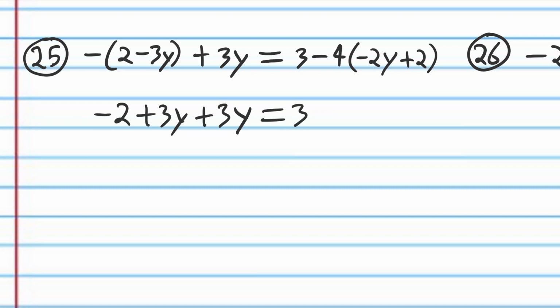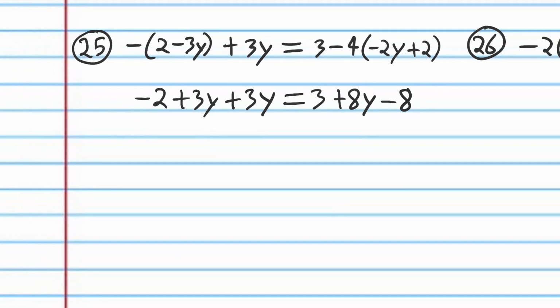So now negative 4 times negative 2y is positive 8y. Negative 4 times 2 is negative 8. All right, so 3y plus 3y is 6y. And 3 minus 8 is negative 5.